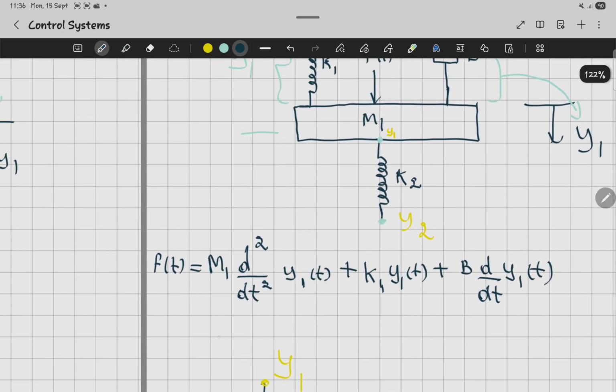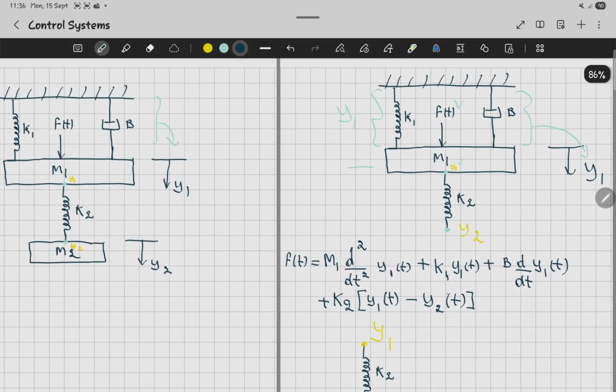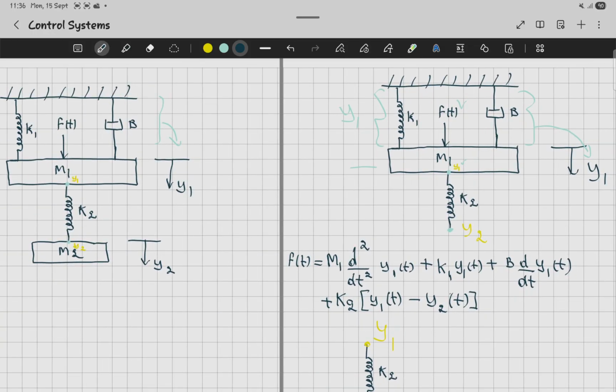Okay, then plus k2, and for k2 you're gonna put priority on the one that is close to the mass, so it's gonna be y1 minus y2. And there is a nice way to represent this, so I'm going to add function of t: y1 of t minus y2 of t. So this is what you're gonna get on the equation of the first block. So this is what we get on the first equation.